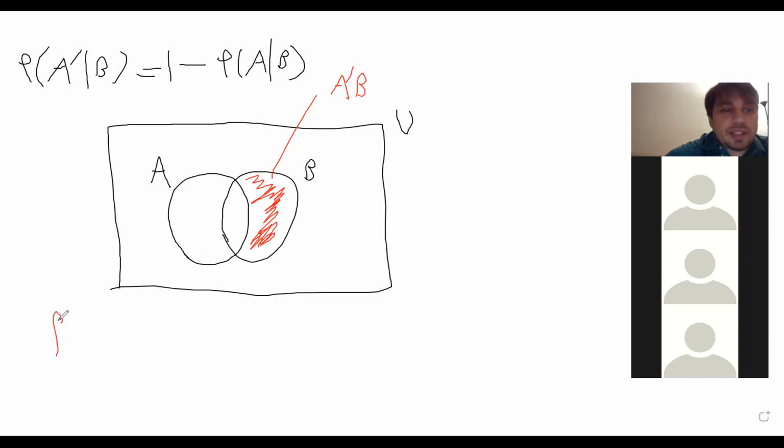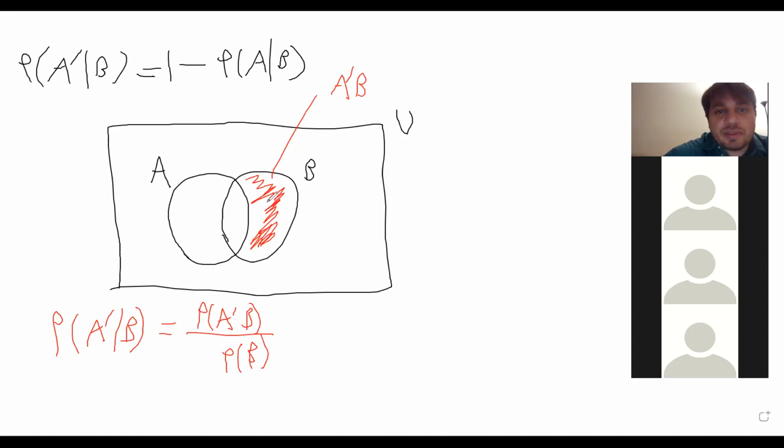Now the probability of A prime given B, by the definition, is equal to the probability of A prime and B divided by the probability of B.